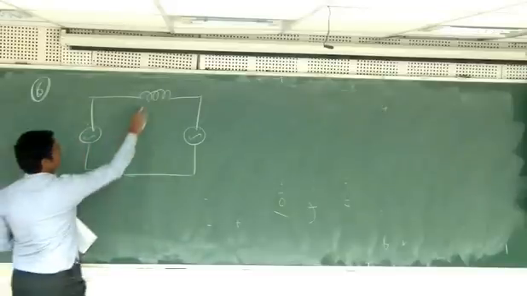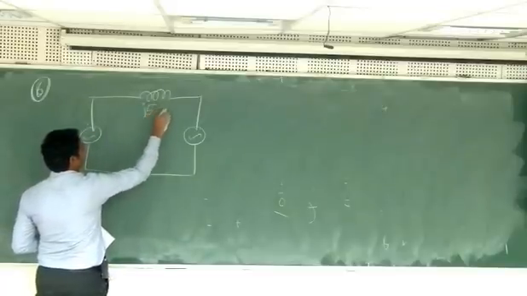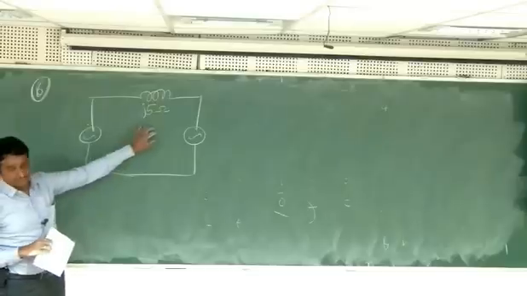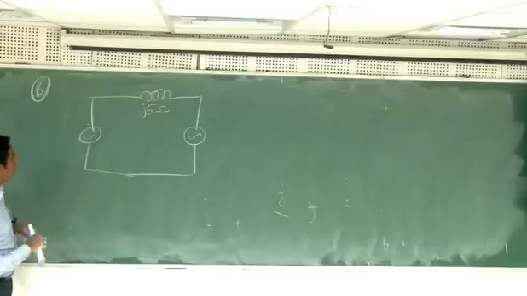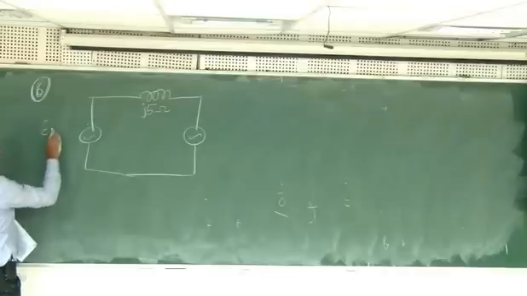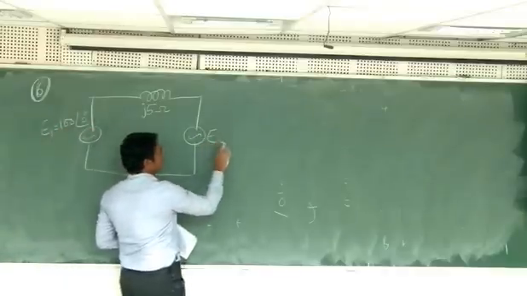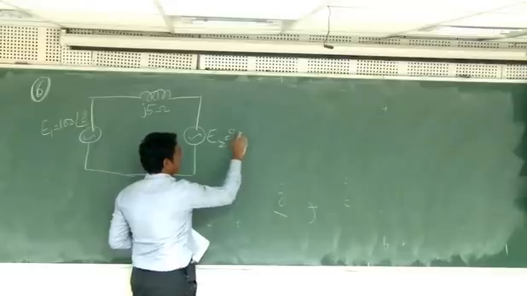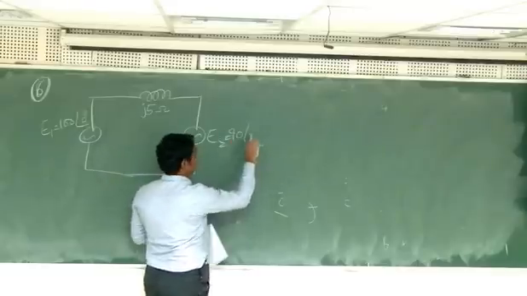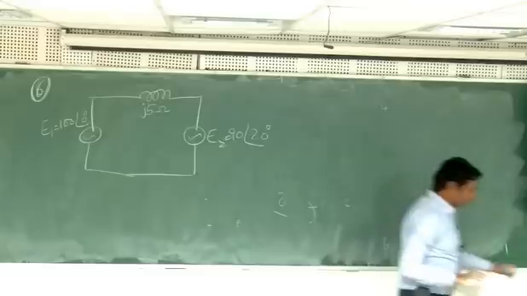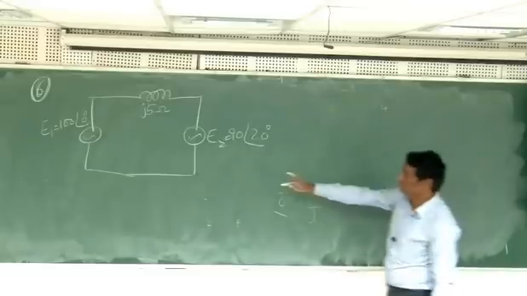So this is j5 ohms, a purely reactive component, and this one is E1 = 100 angle 0 degrees, E2 = 90 angle 20 degrees. Now, before you study, this is an AC circuit.